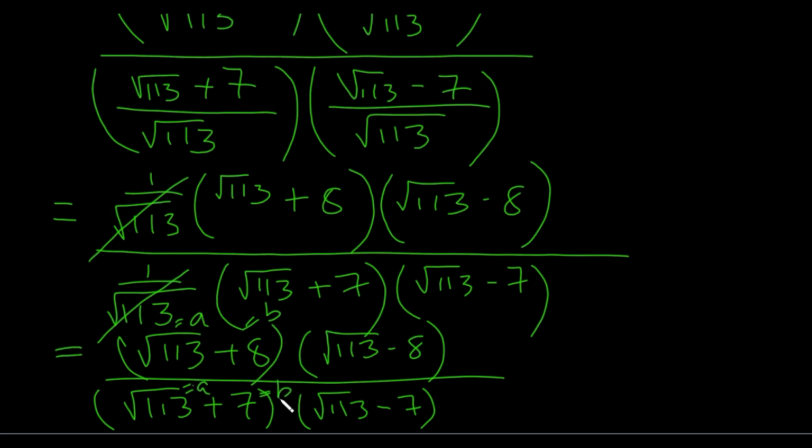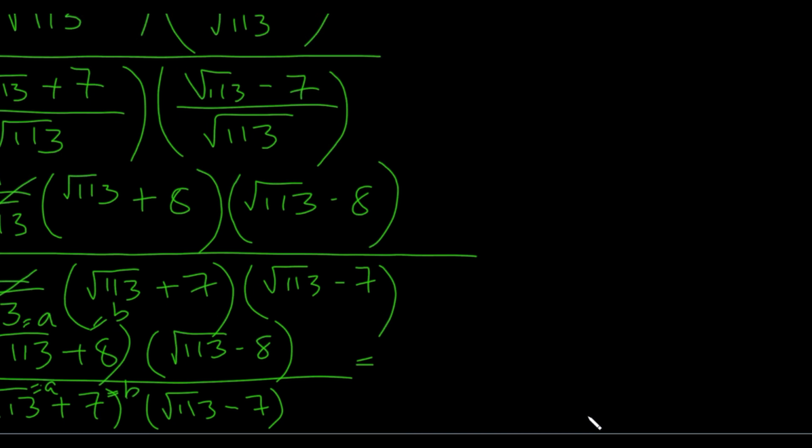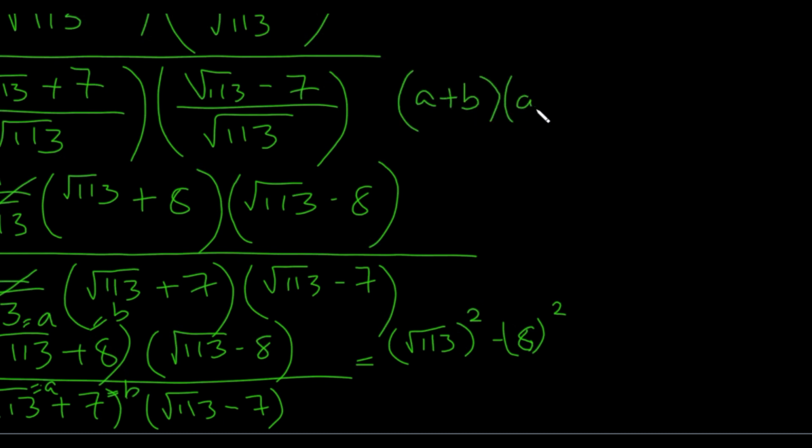So the new equation is a square minus b square, that is root 113 square minus 8 square. If you are confused with the formula, let me write it above: (a plus b)(a minus b) equals a square minus b square. By this formula I am deriving the new equation here.